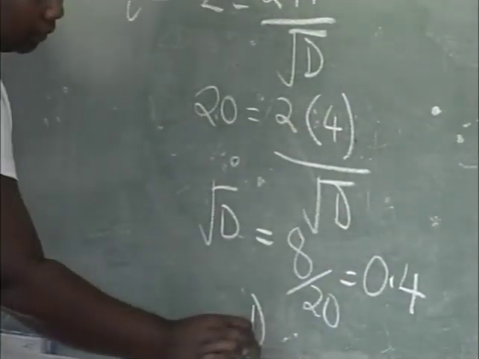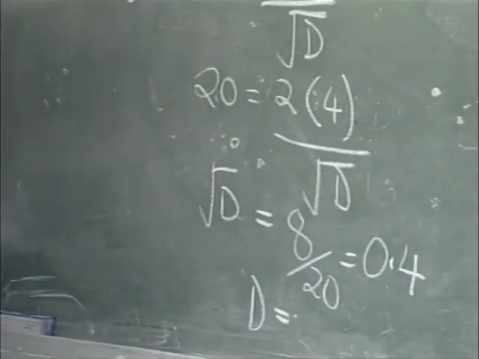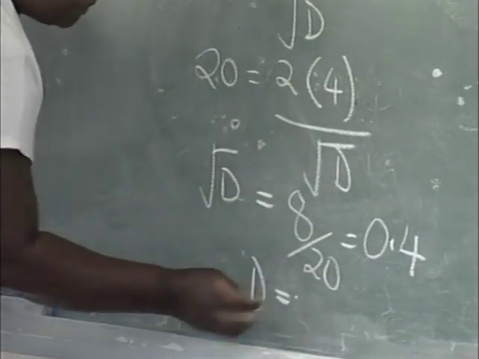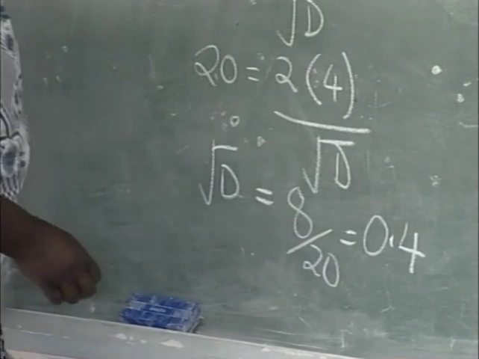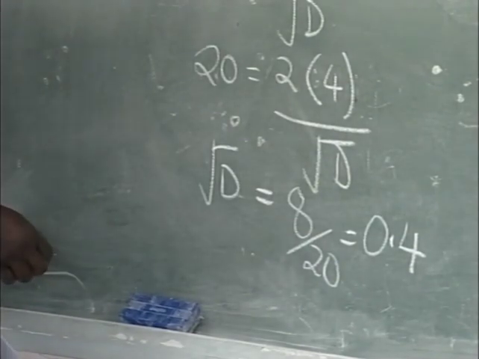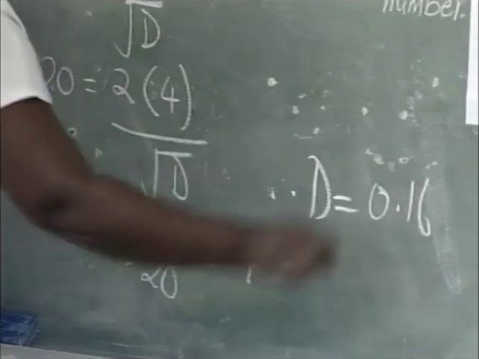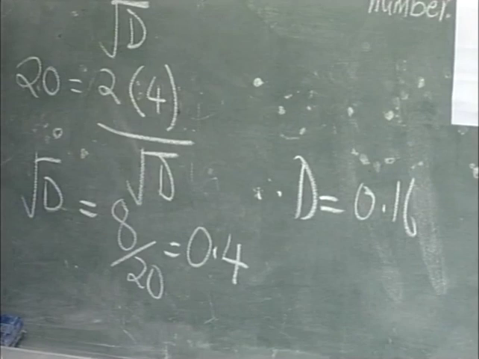And so D is the square of 0.4, which is 0.16. All right, that's number 10.